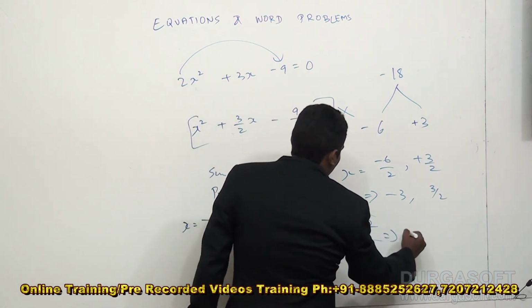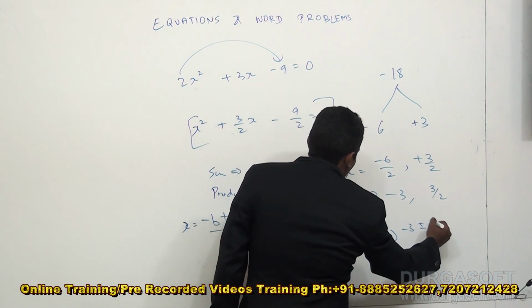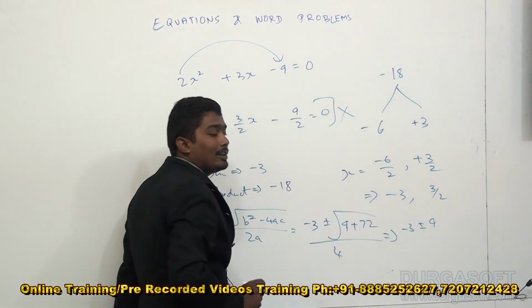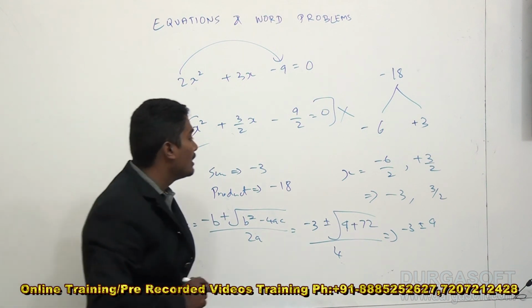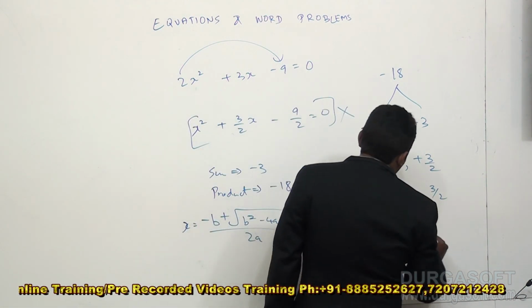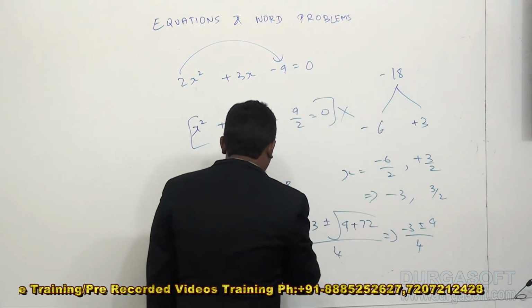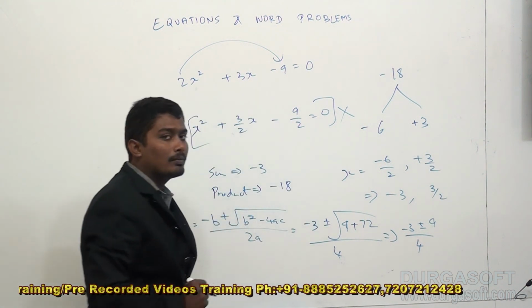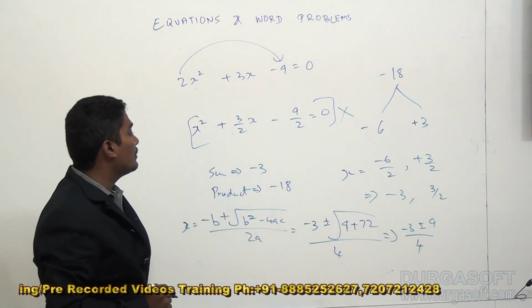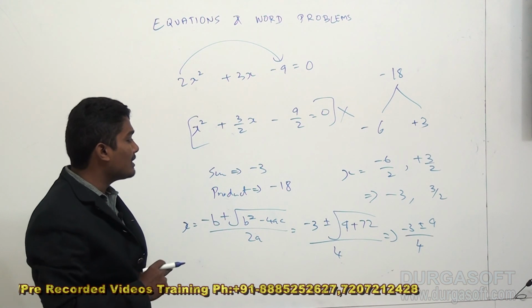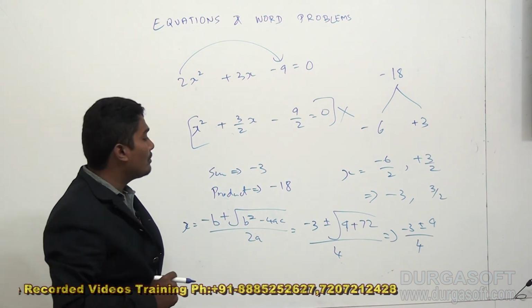So I will get minus 3 plus or minus 9. 9 plus 72 is 81, square root of 81 is 9. So minus 3 plus or minus 9 divided by 4.